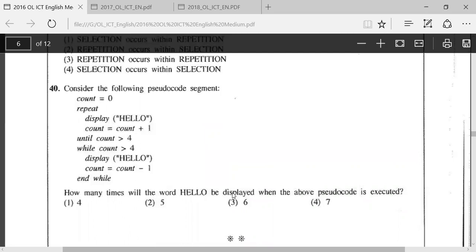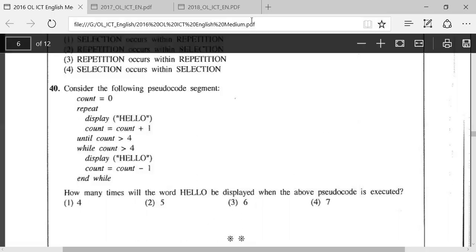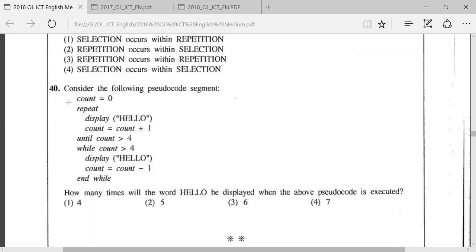Question number 40. Count equals 0. Repeat until loop is there, while loop is there. All are separate, right? So this is repeat until, this is while.